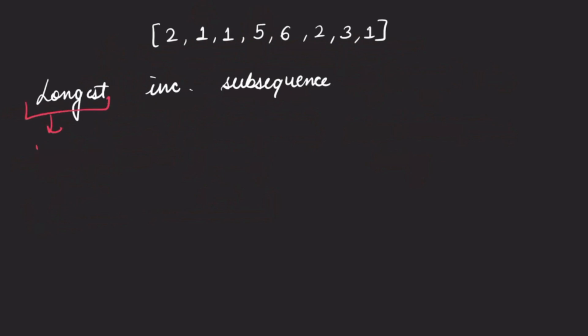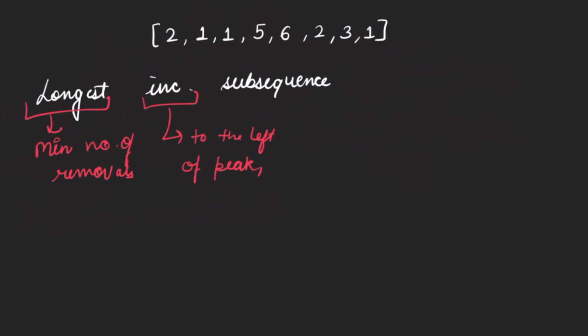Why longest? Because we want to perform the minimum number of removals. Then why increasing? Because to the left of the peak element, all elements should be in strictly increasing order. That's why we are considering increasing.